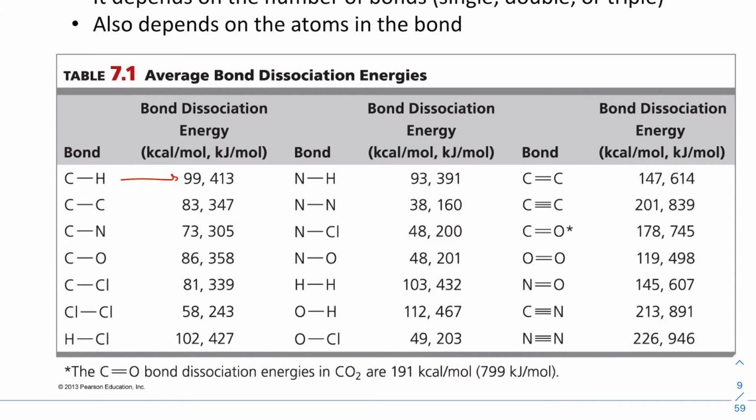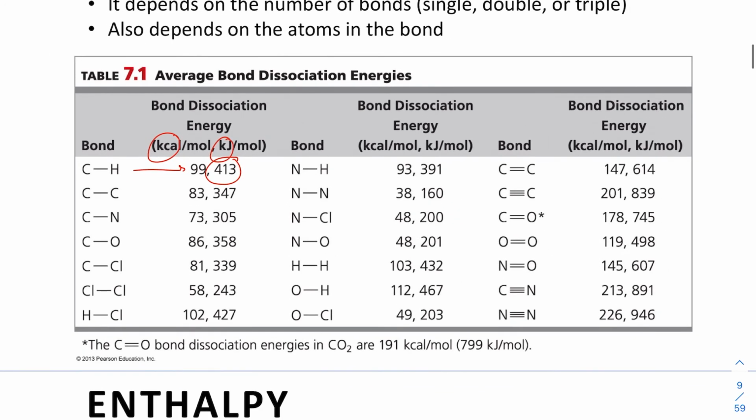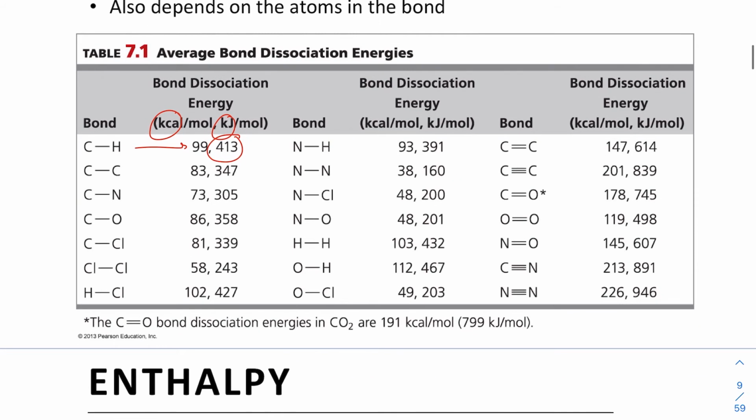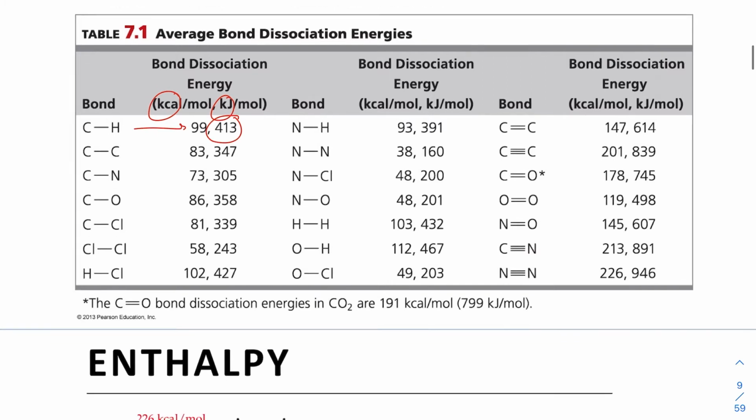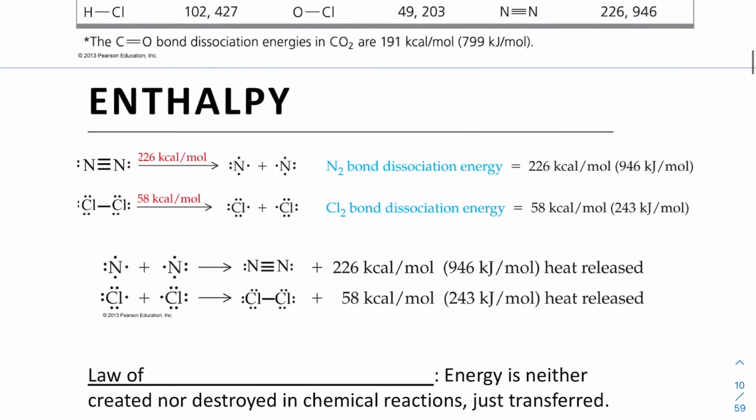So if you were going to break a carbon-hydrogen single bond, it would take you 99 kcals or 413 kilojoules of energy. Because remember, calories and joules are both units of energy. Now, I'm pretty sure I give you this table on exam 3. So you definitely don't have to memorize anything on the table.